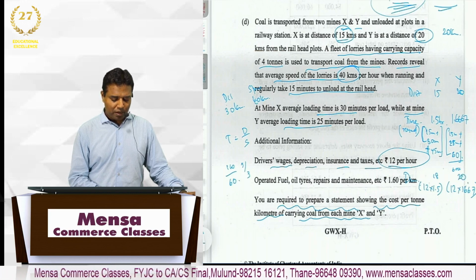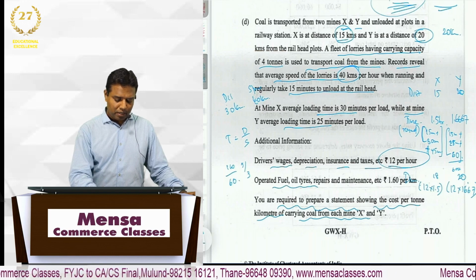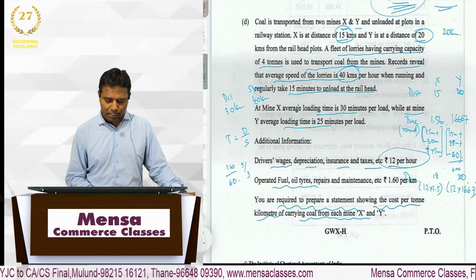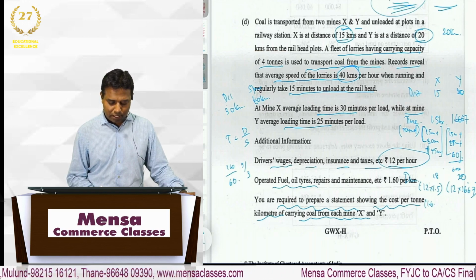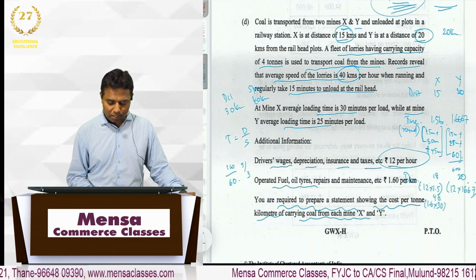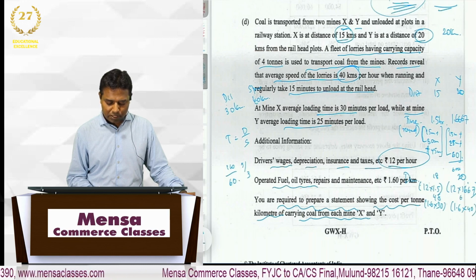Then operating fuel, oil, tire maintenance is rupees 1.6 per kilometer. How many kilometers are there here? 1.6 into 30 kilometers, so that will come to 48 rupees, and here 1.6 into 40, that will be 64 rupees.